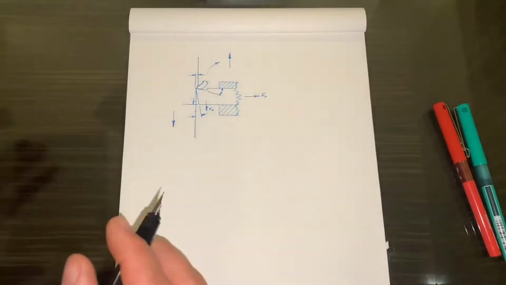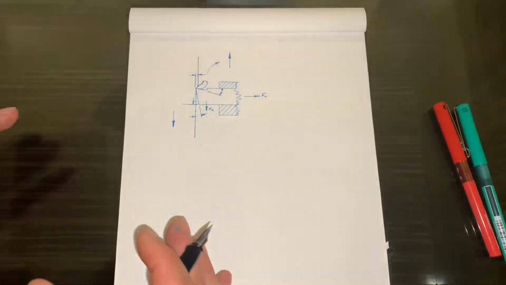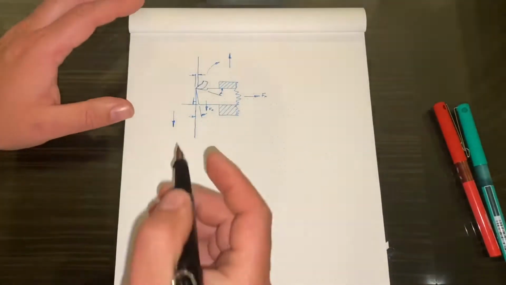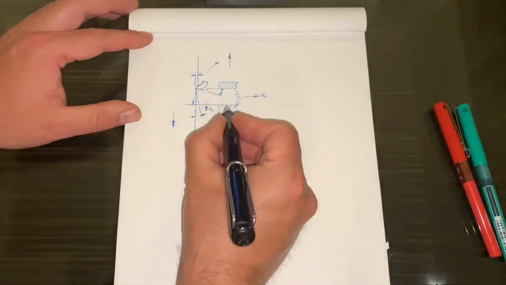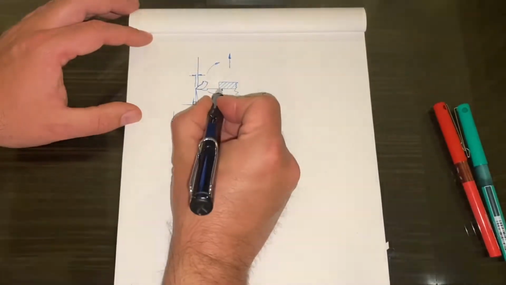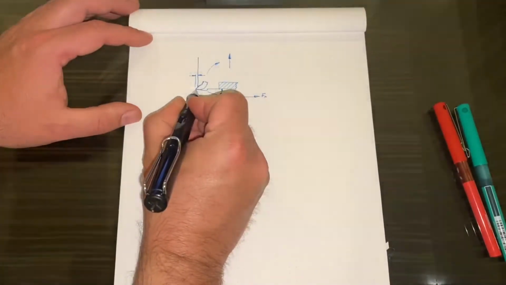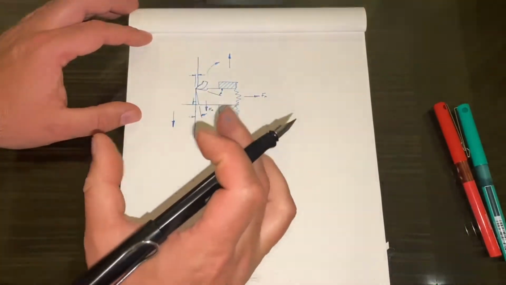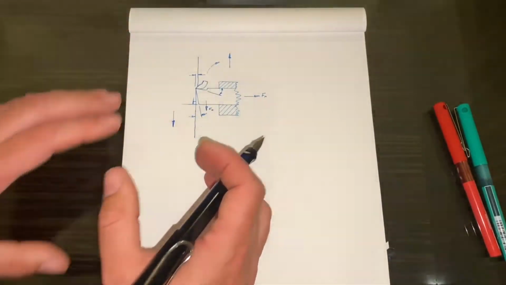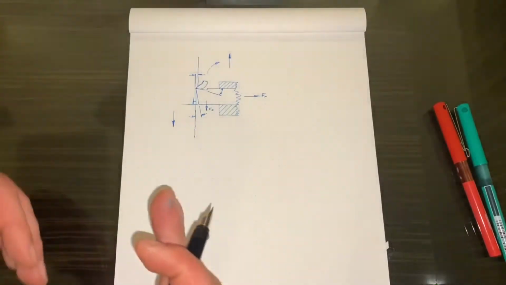So there are certain variables at play here, and so some of these are the tool overhang, so the distance from here, or rather from here to the cutting tip, so that's the overhang of the tool. And the longer that distance is, it's always advantageous to make that distance as short as possible.